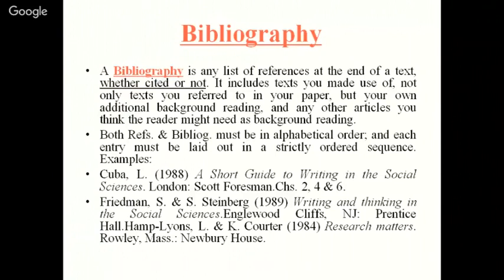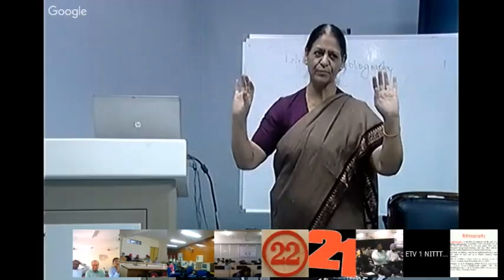And when you are quoting your reference, even if there are 6 authors for a particular research, all the 6 names will appear the first time the reference is made, followed by the year in brackets.